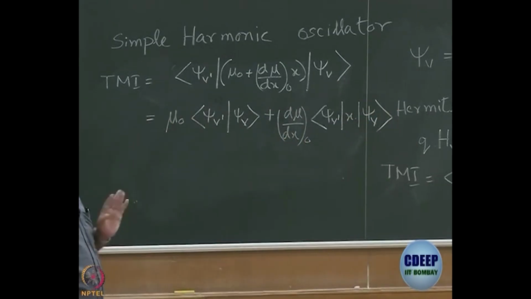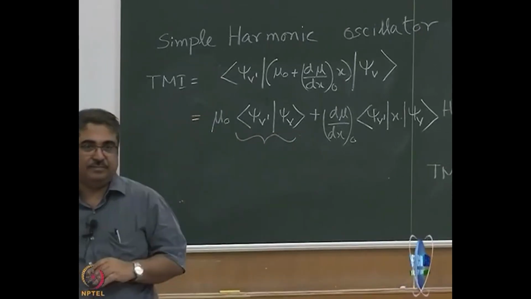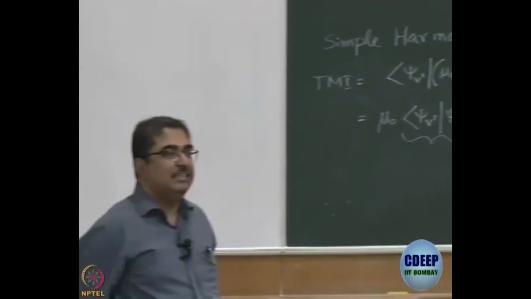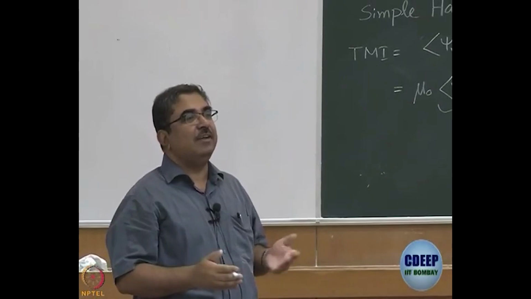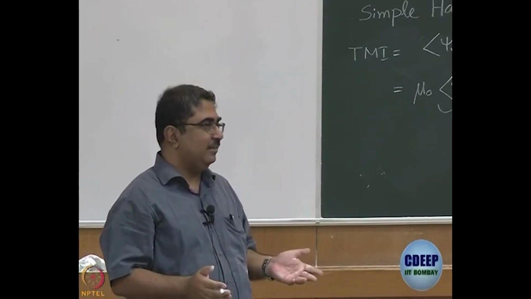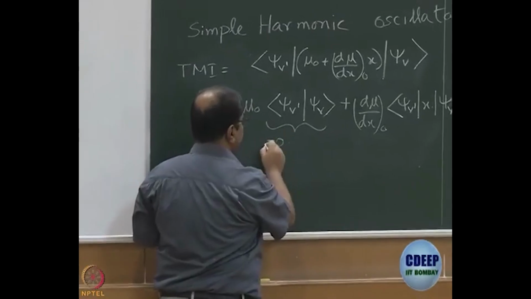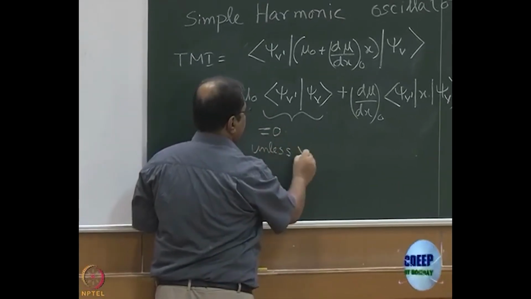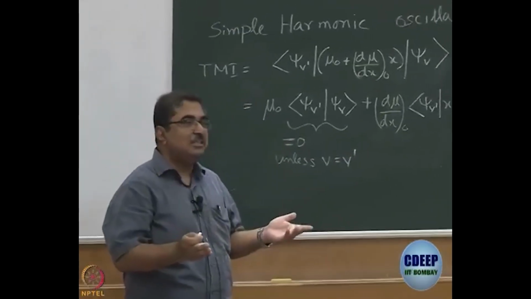Alright. Now see, can you say anything about this integral? That is 0 unless v equal to v dash, isn't it? Because psi v and psi v dash are members of an orthonormal set. So, this integral has to be 0 unless v equal to v dash, and if v equal to v dash, then there is no question of transition.